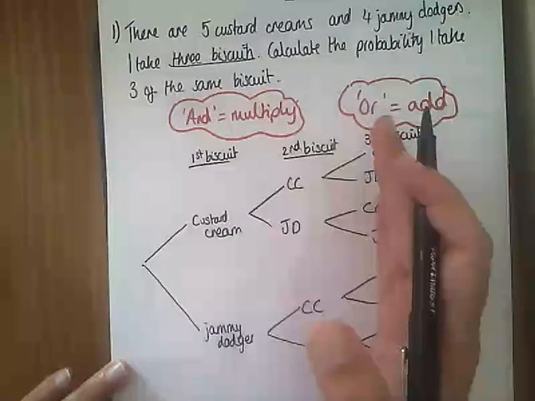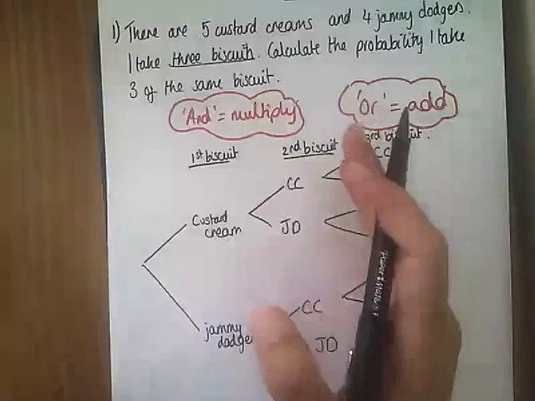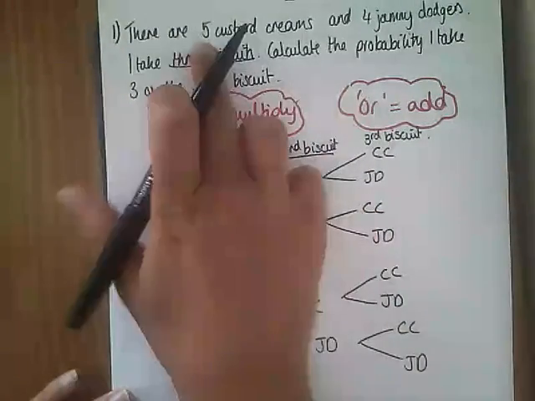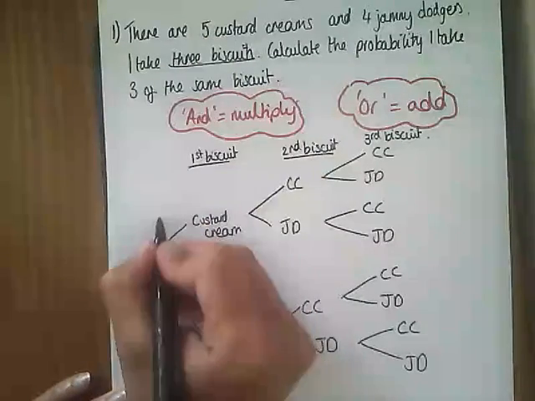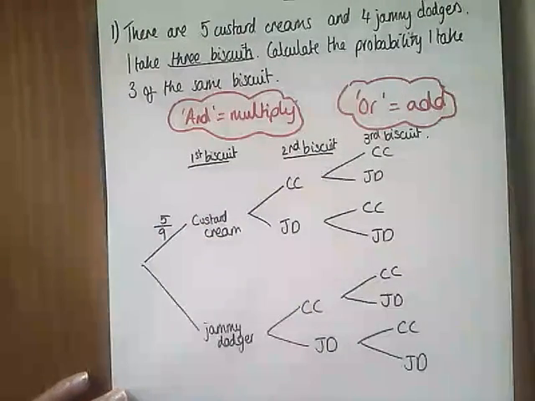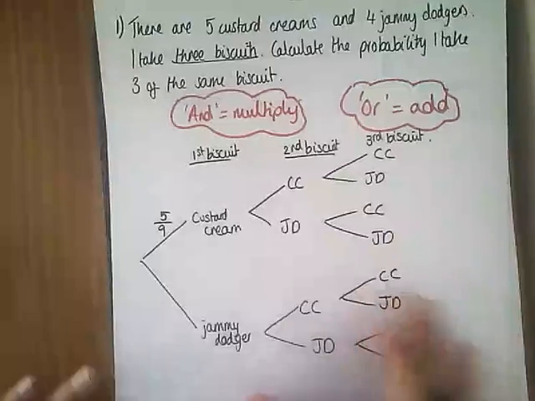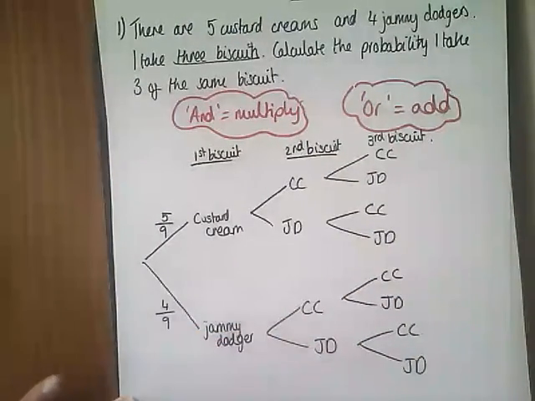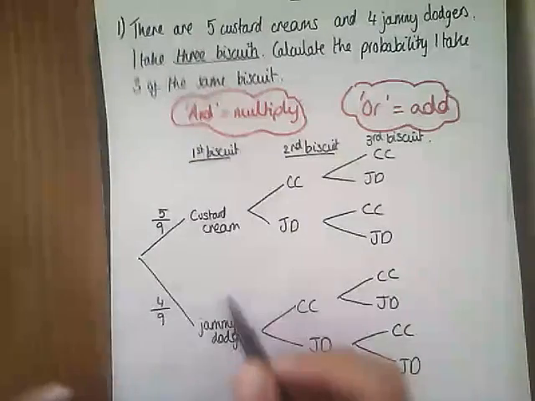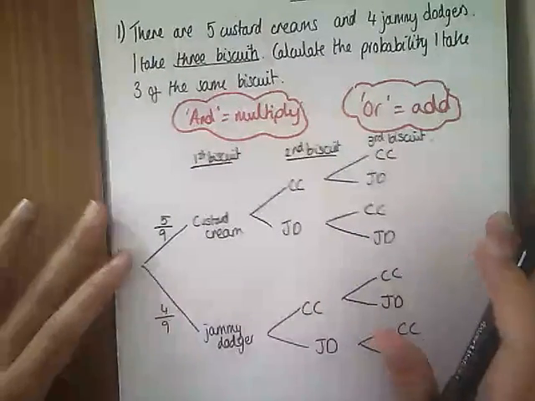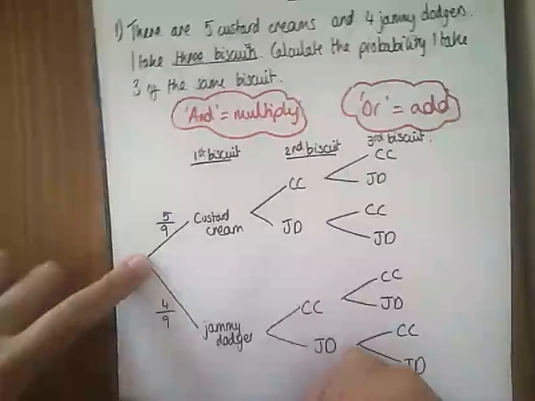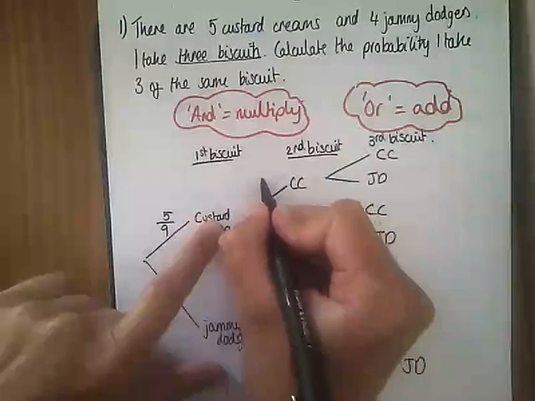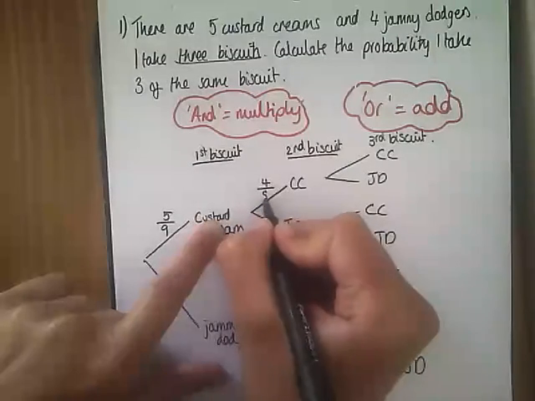That's how it works. So when I first dive into the biscuit tin, the probability of me taking a custard cream is 5 out of 9, because there's 5 custard creams and 9 biscuits in total, and the probability of me taking a jammy dodger is 4 out of 9. Now you're going to follow this tree as if it is what is happening. If I take a custard cream, there are only 4 custard creams left and only 8 biscuits in total.